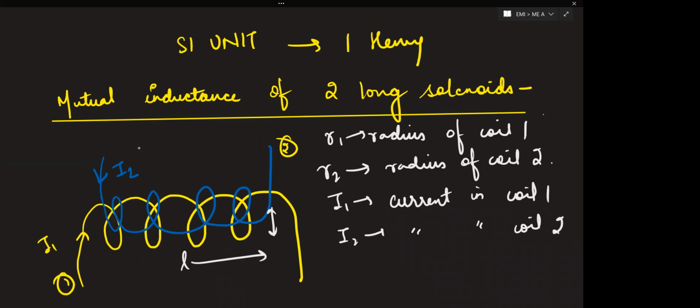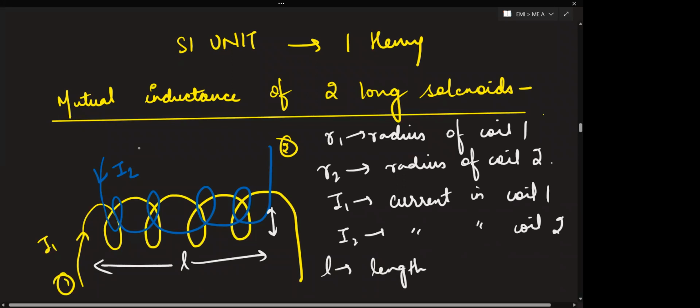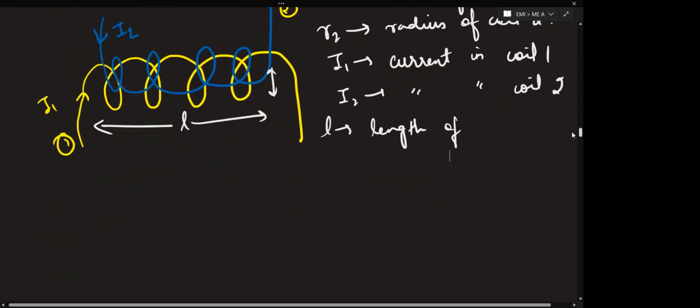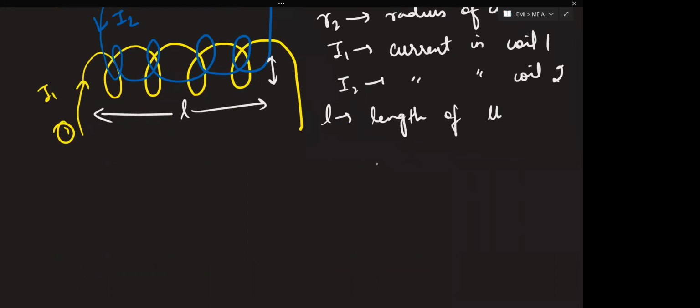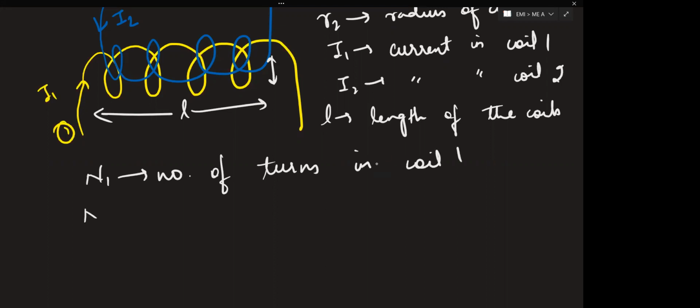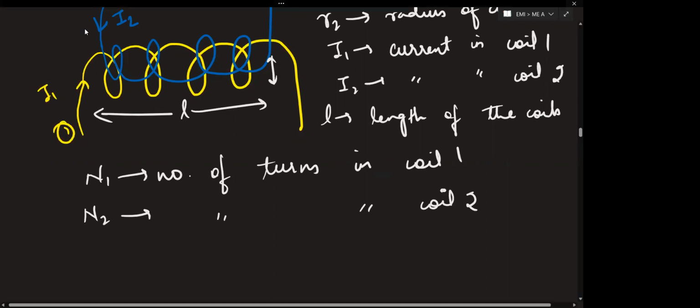The length of both the coils is the same, L. Any other term left? Yes, N1, the number of turns in the first coil, and N2, the number of turns in coil 2.